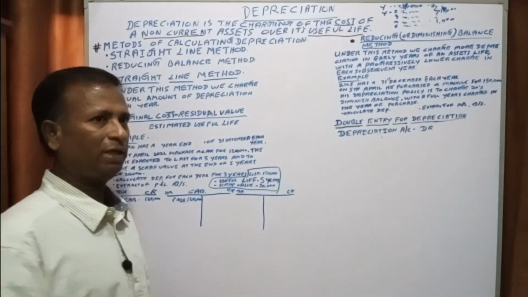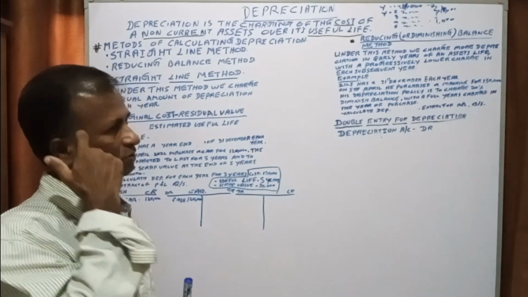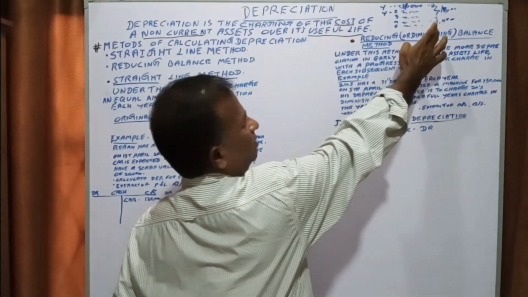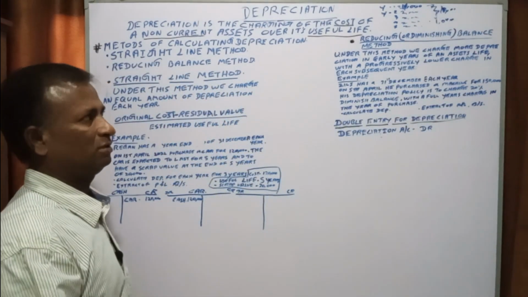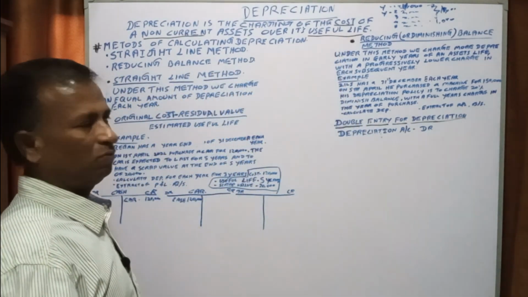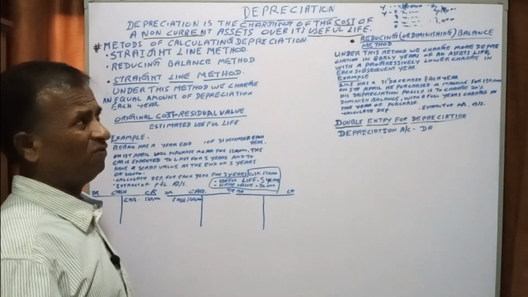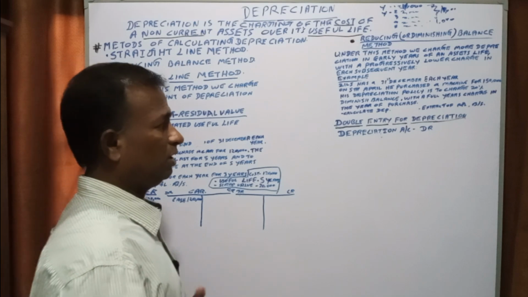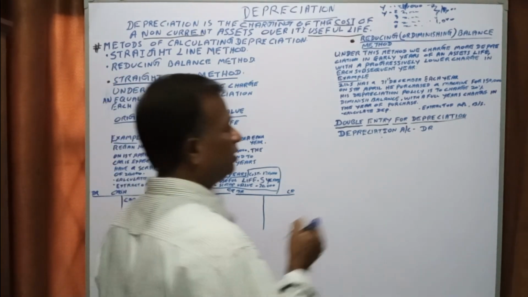We are making a provision, because sometimes the scrap value would have been 2000, sometimes the scrap value would be 500. So we cannot say, because everything is estimated. So here we are making an account called provision for depreciation.